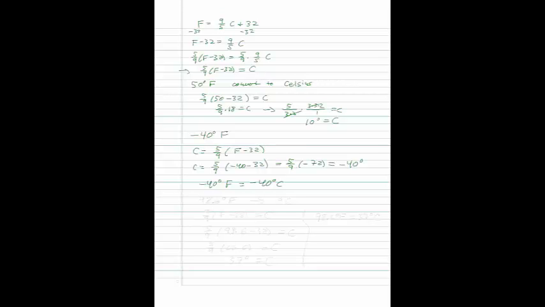Let's do one more. Let's look at body temperature, 98.6 degrees Fahrenheit. You want to convert that to degrees Celsius.